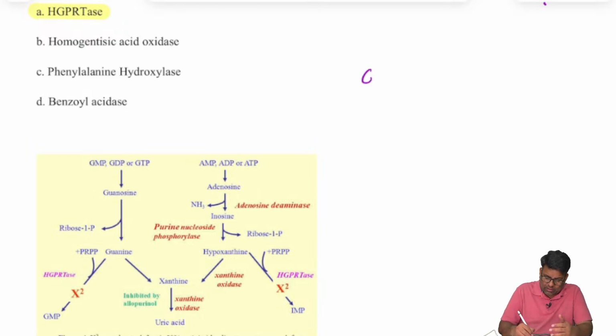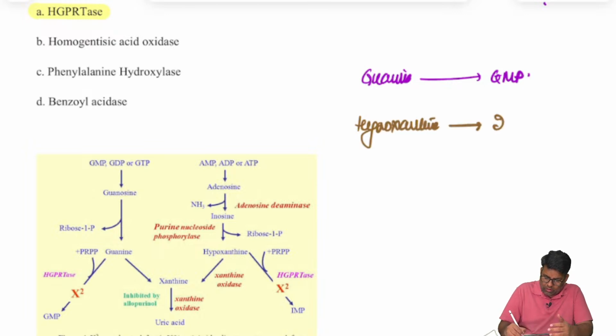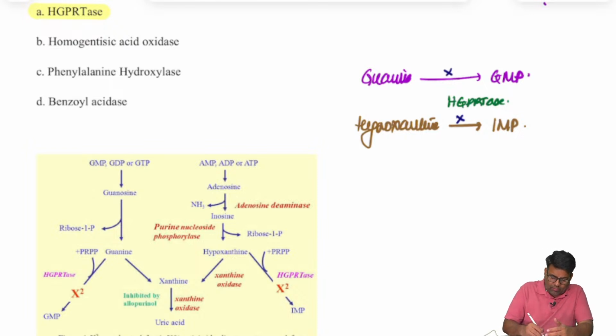One is conversion of guanine to guanine monophosphate, and another is hypoxanthine to inosine monophosphate, right? These two are mediated by HGPRTase, right? So if there is any deficiency of HGPRTase, these two steps would be blocked.